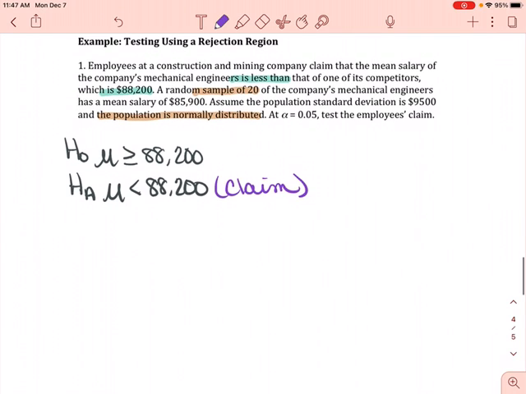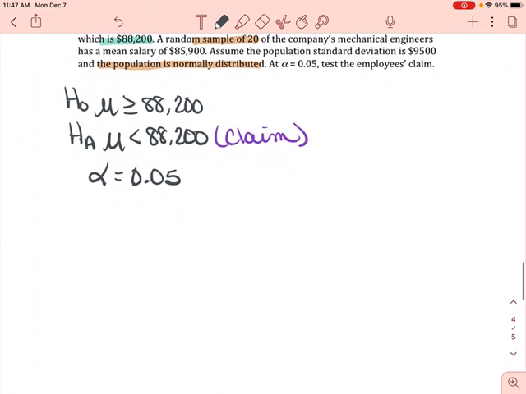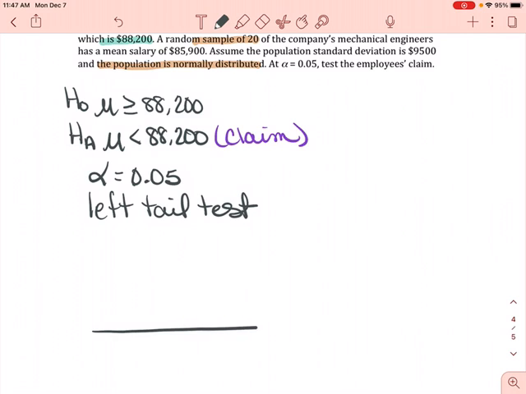Okay, so do we have enough evidence to support our claim? What's our level of significance? 0.05. Okay, this is a left tail test, so we're going to draw our picture accordingly.